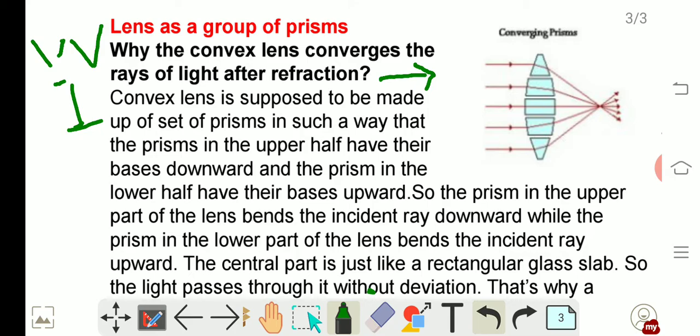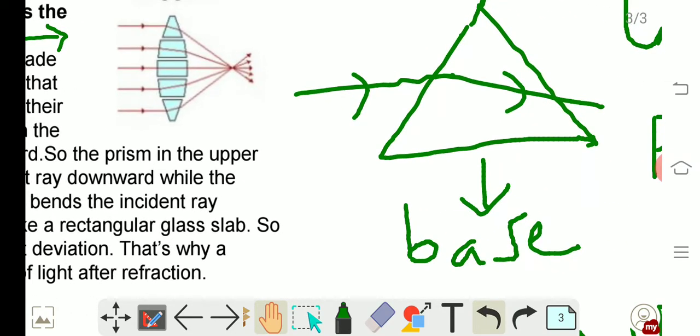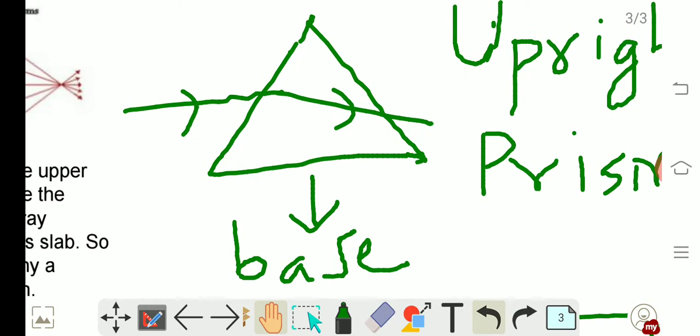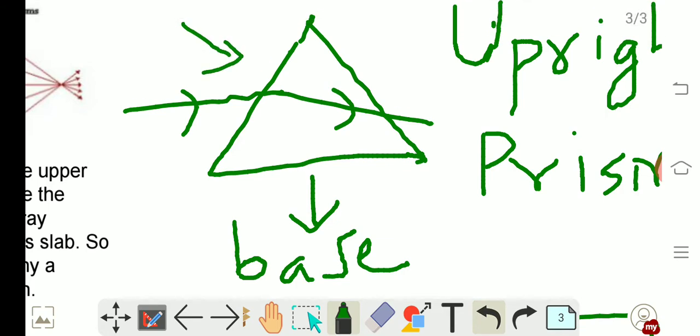Let's understand first this thing. I have made one picture for you. This is a prism. You have to understand about the prism.